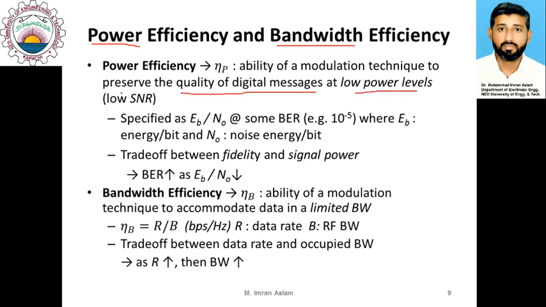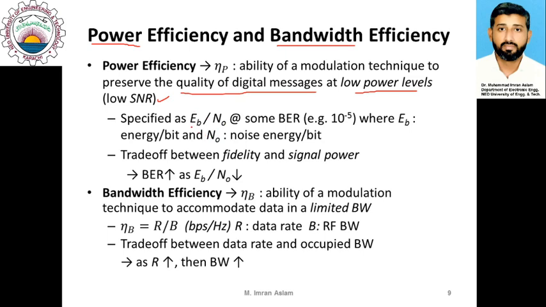Low power level, as we have previously discussed, we generally compare with respect to the noise level. So the parameter that we commonly use is SNR for analog systems, but for digital systems we commonly use another parameter, which is Eb/N0.